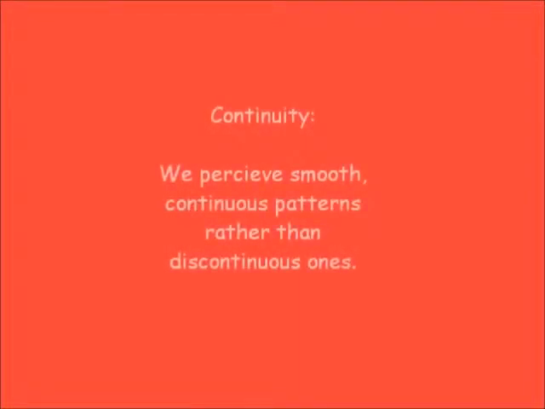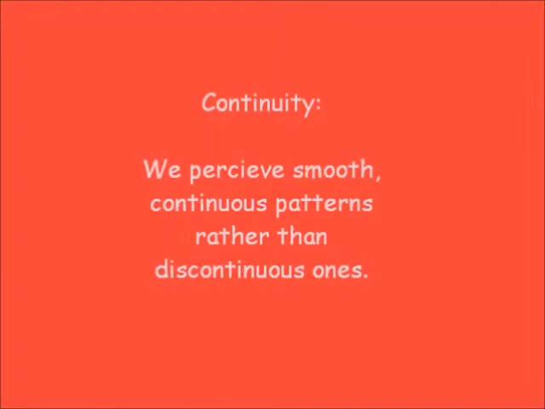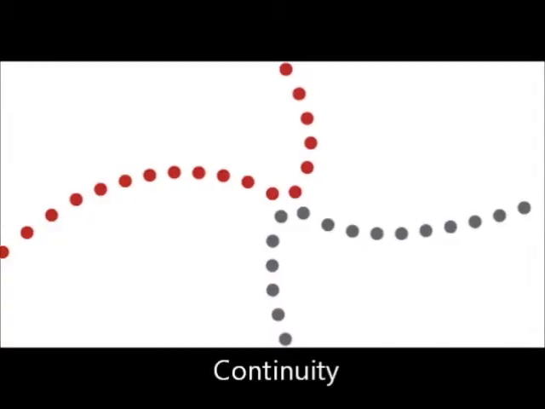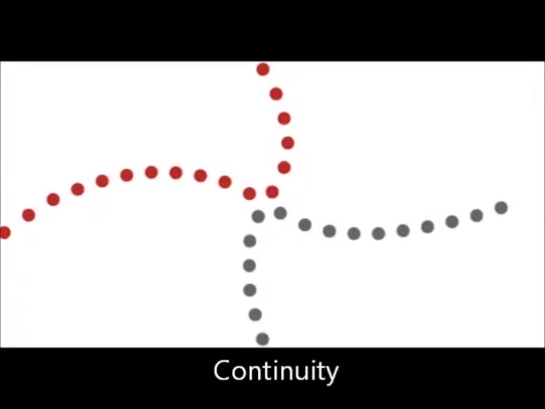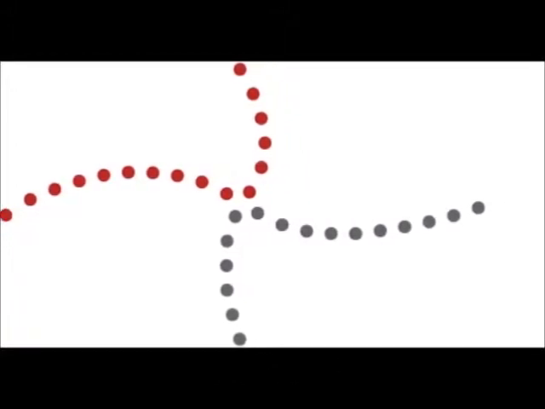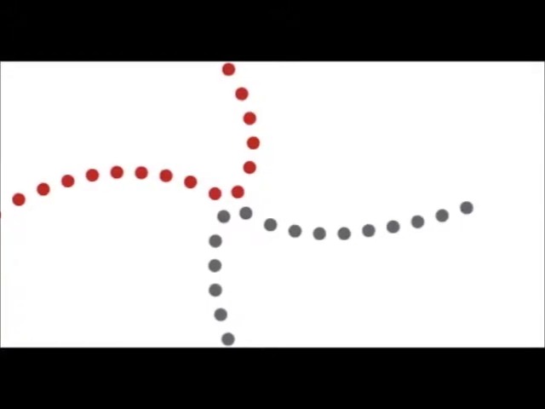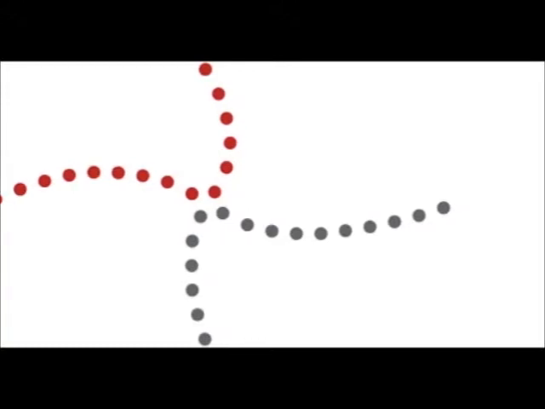Continuity. We perceive smooth, continuous patterns rather than discontinuous ones. The red dots to the left aren't actually flowing with the gray dots to the right, and we just think that it flows like that because we want a continuous line or pattern, but they really don't flow together.